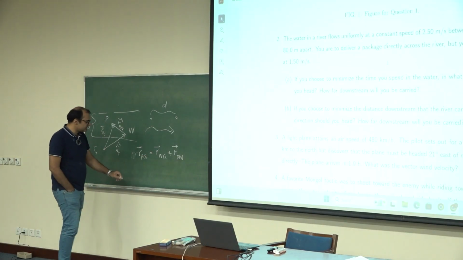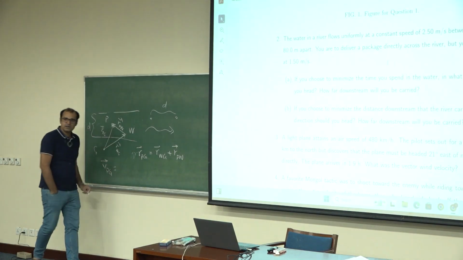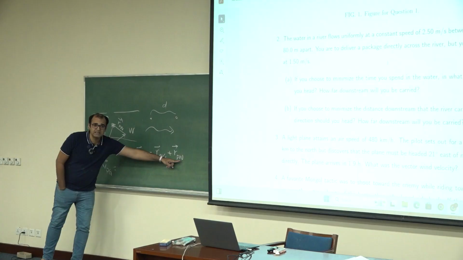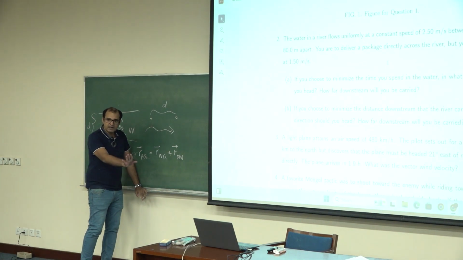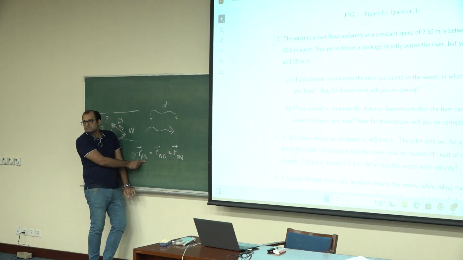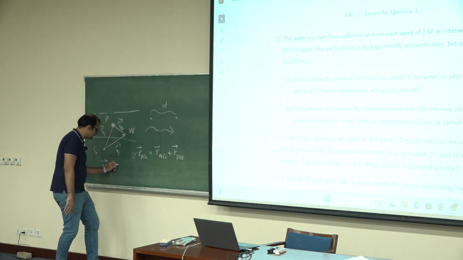You differentiate both sides of this and you have the relationship that you want. Velocity of the person with respect to ground equals the velocity of the water with respect to ground plus the velocity of the person with respect to water. Okay, as in, agar pani nahi flow kar raha hota, this would have been the same as that. As in pani nahi flow kar raha, of course, not that, okay, ye main differentiate kar loon.